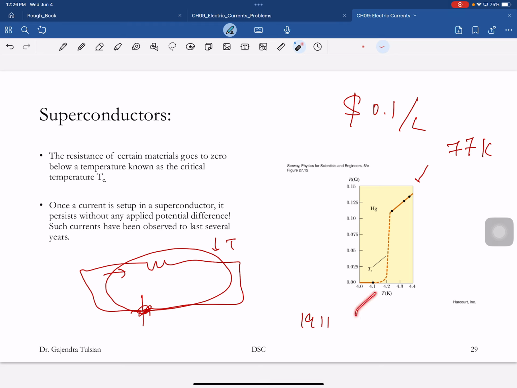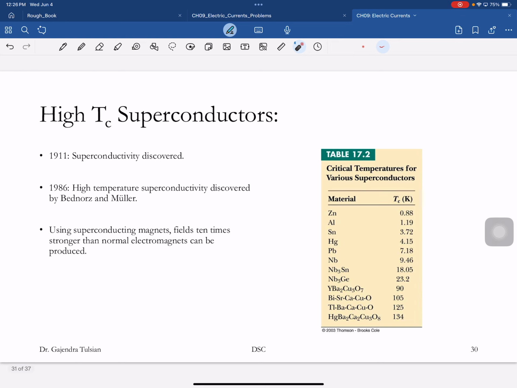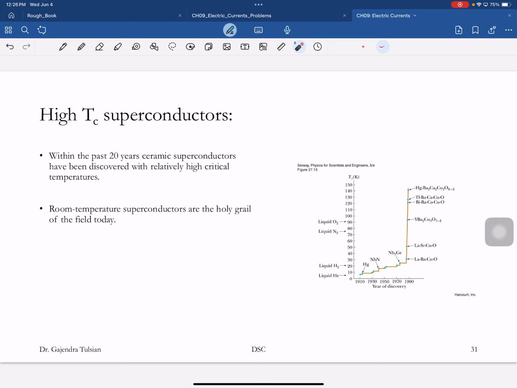All right, so the search was on for higher and higher TC since then. And here, look at this graph. Till 1985, we got nowhere. In 85, suddenly the floodgates opened. These are all ceramic materials.